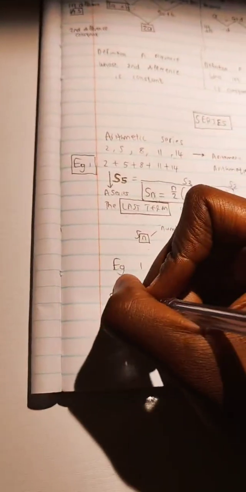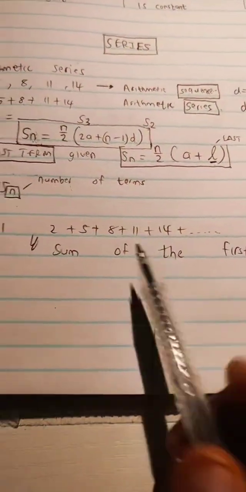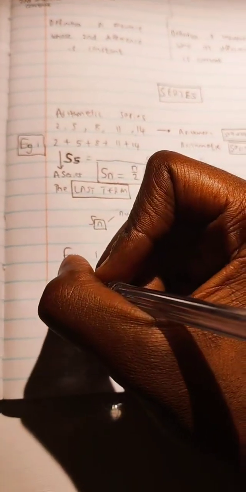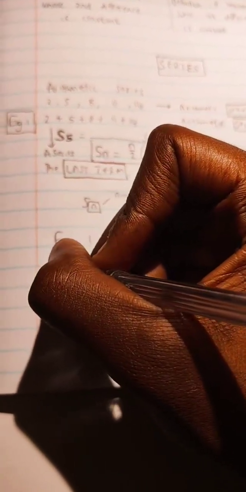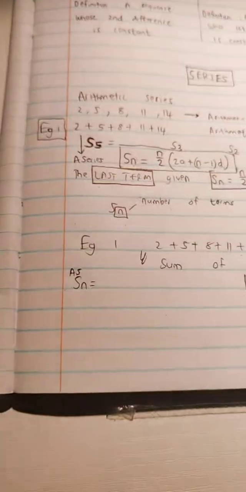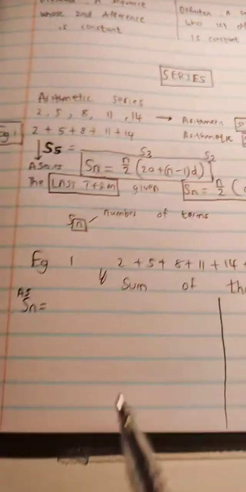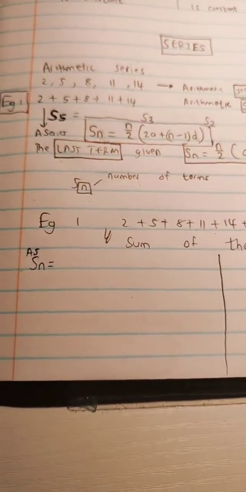So I'm going to do it in 2 ways. Firstly, let's write down the formula. We know that this is an arithmetic series. First and foremost, we need to establish what type of series this is. Since it's arithmetic, this is the formula we are going to use. If we were dealing with geometric, we would have a different formula, okay?